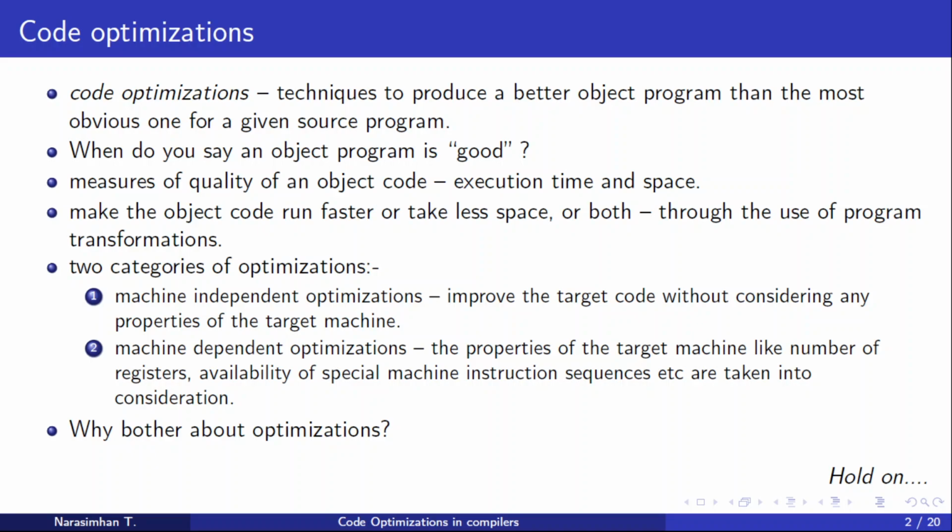For example, it may introduce unnecessarily certain copies of variables, or it may compute the same calculation multiple times. So all these may not be deliberate, but it happens at times. The optimizations could remove all such inefficiencies.